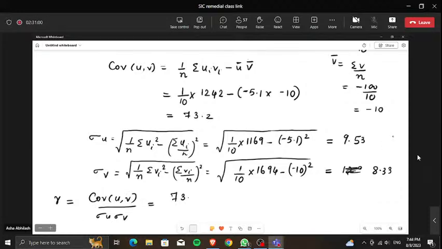So R is equal to covariance of UV divided by sigma U into sigma V. 8.33. Yes. What is this value? 0.922.